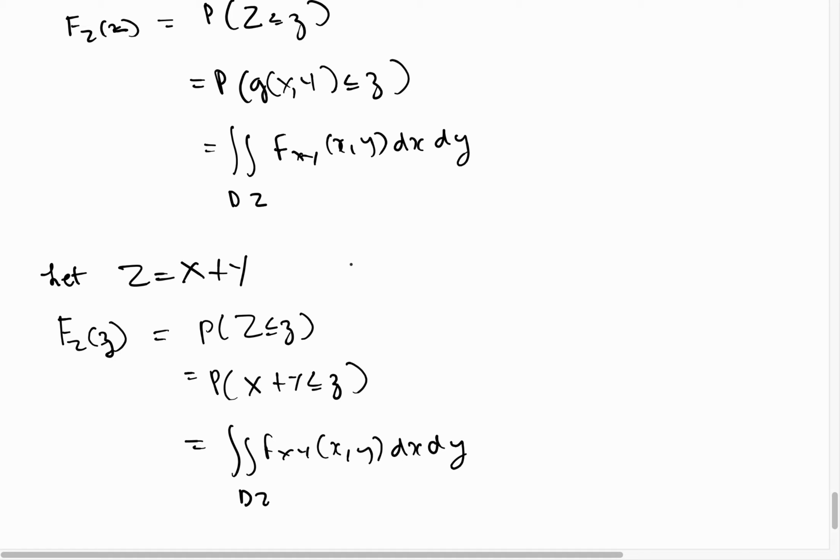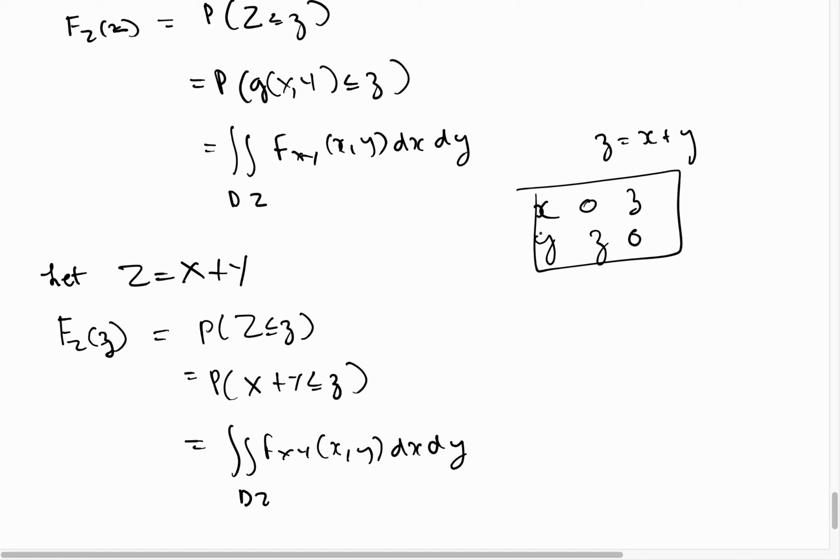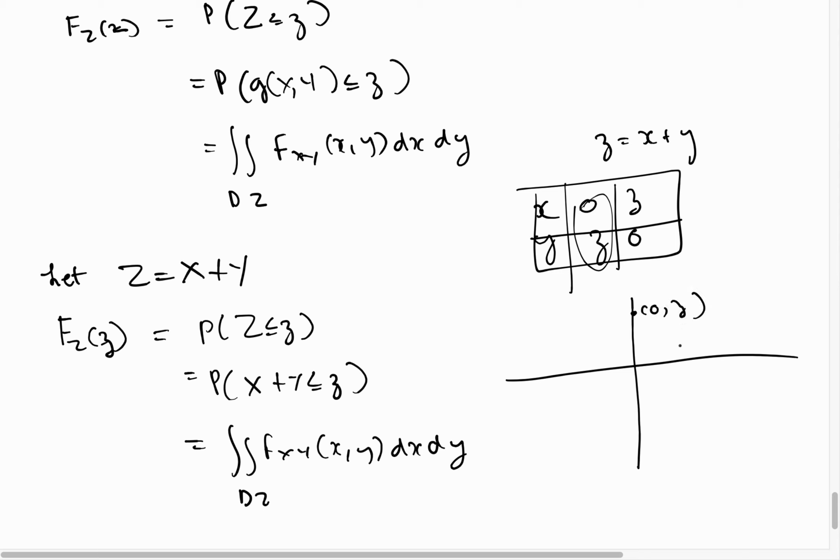So let us try to plot this region. Suppose we have the equation z is equal to x plus y. We will need to plot this equation. It's as simple as putting values of 0. If I make x as 0, my y is going to be equal to z, and if I make y as 0, my x is going to be equal to z. So if I have to plot this equation, the points are (0, z) and (z, 0).